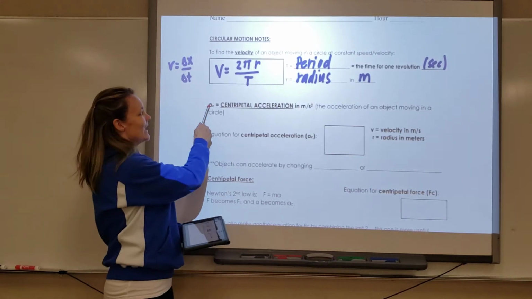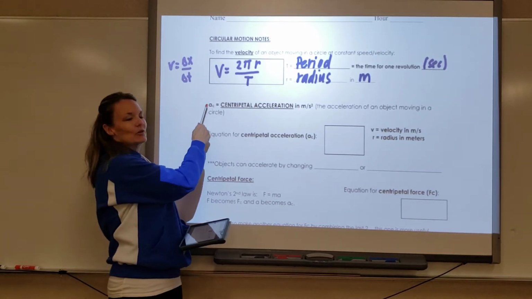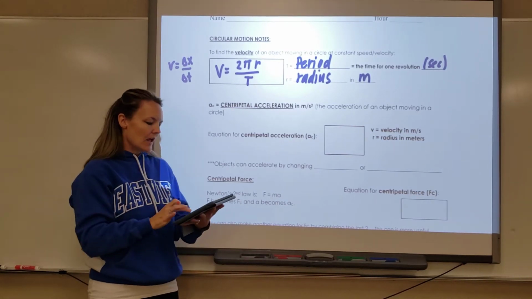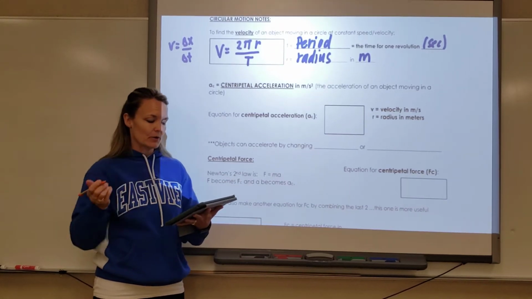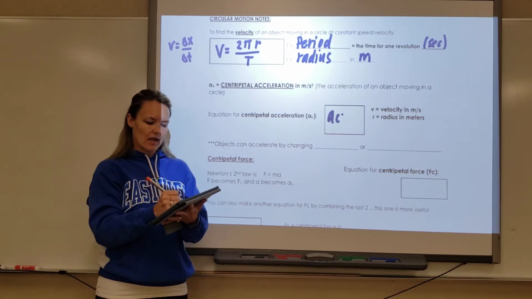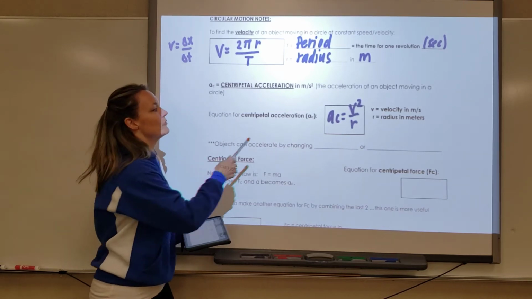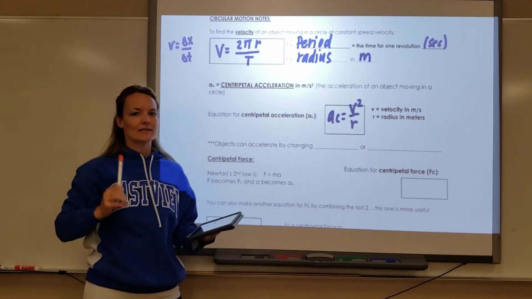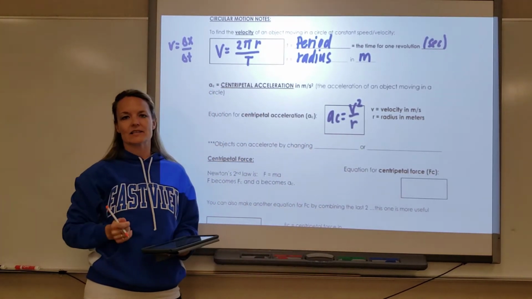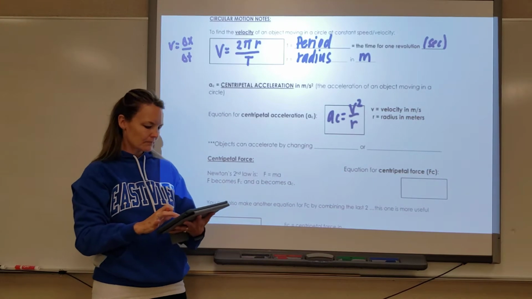So if you see a_c, it means you're looking for the acceleration of the object moving in the circle, centripetal acceleration. The equation for centripetal acceleration, a_c, is equal to v squared over r. v is the velocity, has to be in meters per second, and r is still the radius, and it still has to be measured in meters.